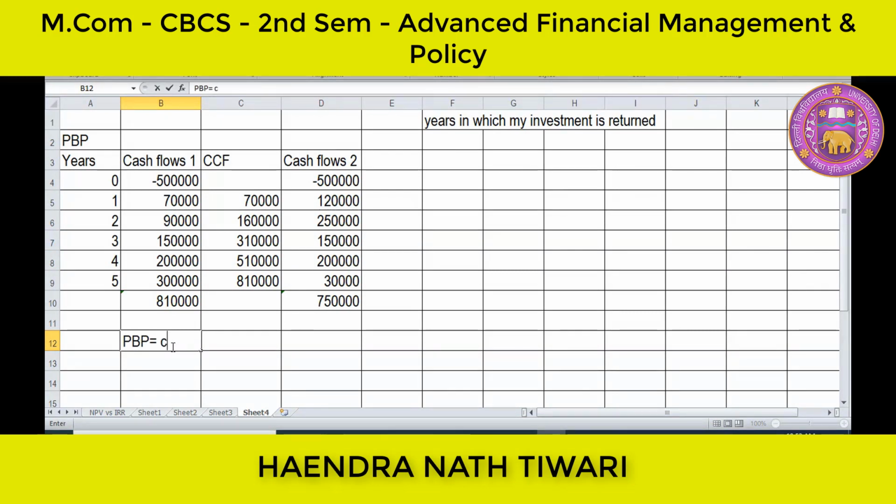So how do you determine payback period? Payback period is completed years plus what is your initial investment, so how much is your investment minus what is the cumulative cash flow of completed year, divided by the cash flow of the next year.